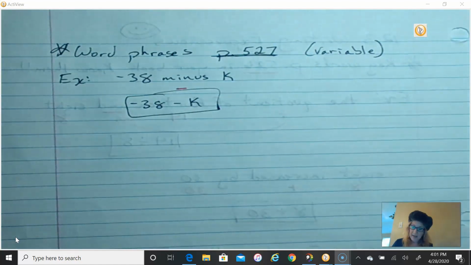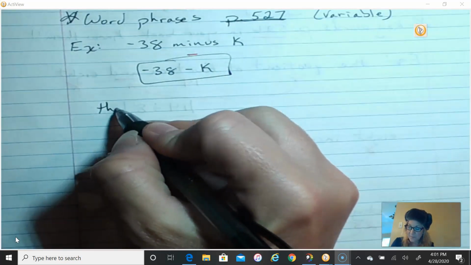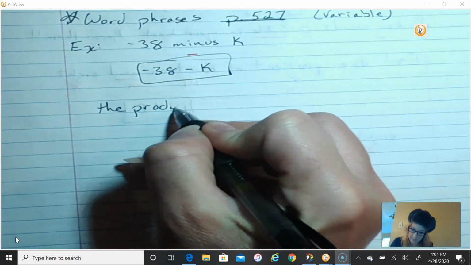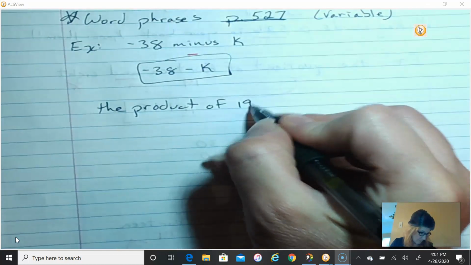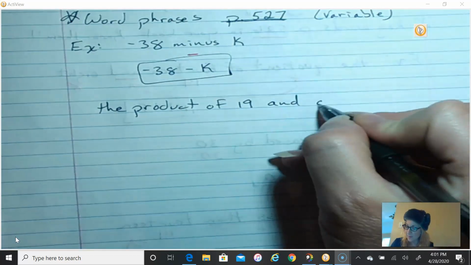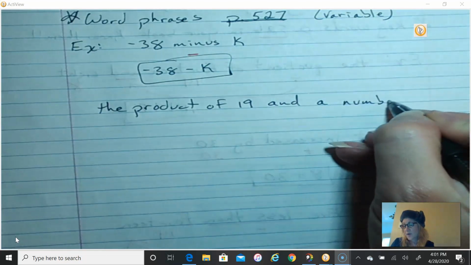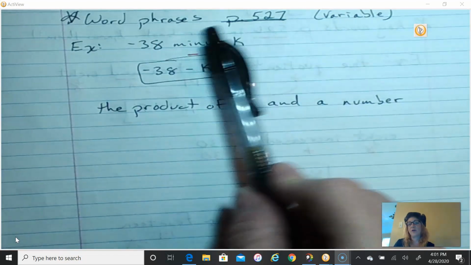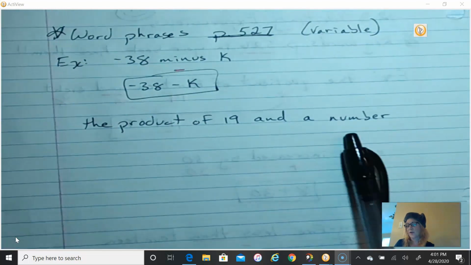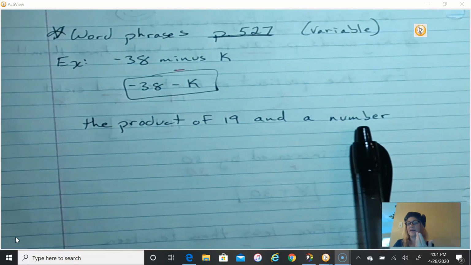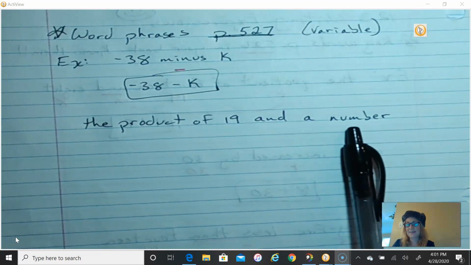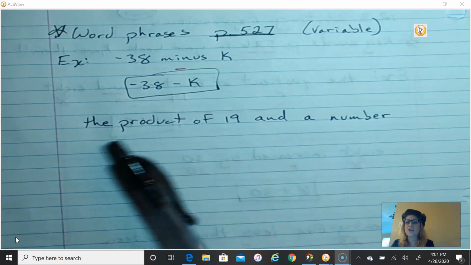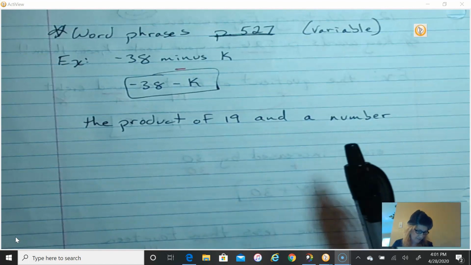Another one. The product of 19 and a number. As you can see with these word phrases, you use a variable when they just give you a number. You don't know what it is. So it's like substituting. And I'm going to do a whole lot of these examples too.